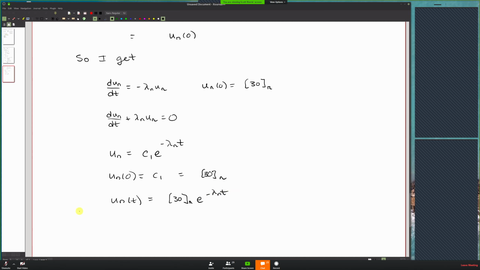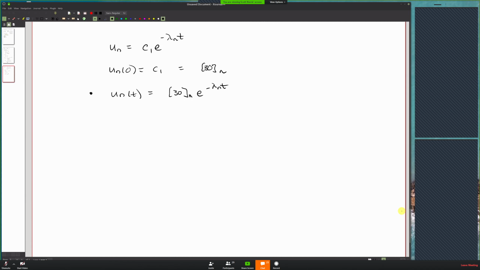There's my solution. So I take my transform, I solve, and what happens after I take the transform and then solve? I take the inverse transform. If this is my solution in the transform space, in the eigenfunction space, then my solution in real space is going to be the sum n from 1 to infinity of that.